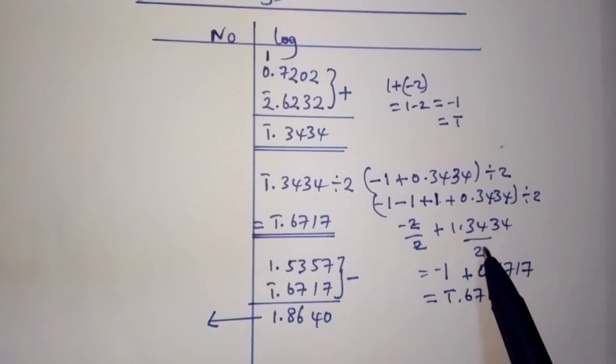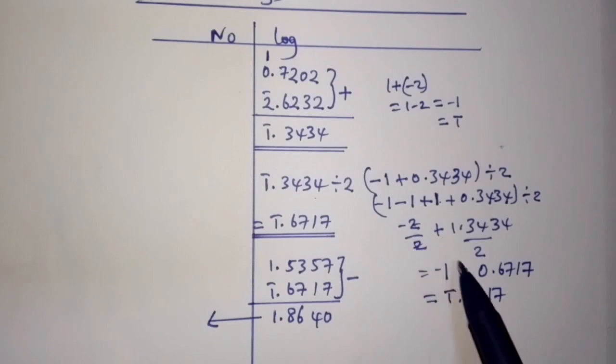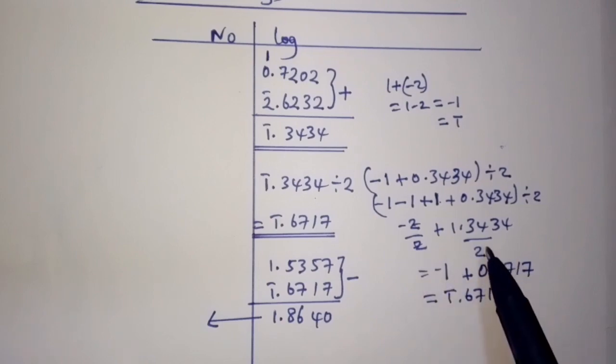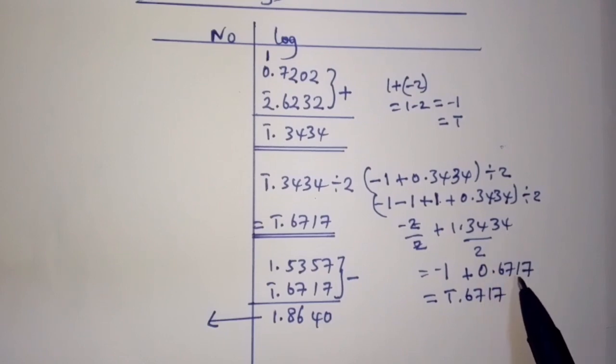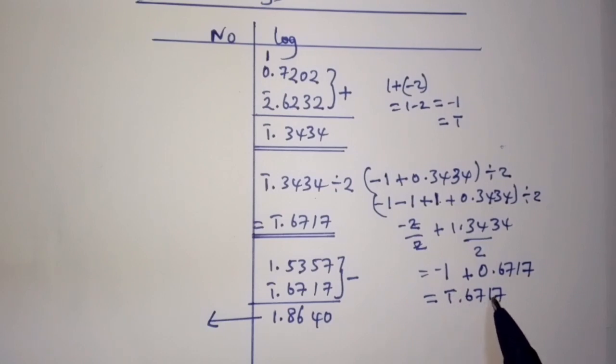We divide by 2. So negative 2 divided by 2, we get negative 1 plus 1.3434 divided by 2, we get 0.6717, which is equal to bar negative 1 is bar 1, which is equal to bar 1.6717.